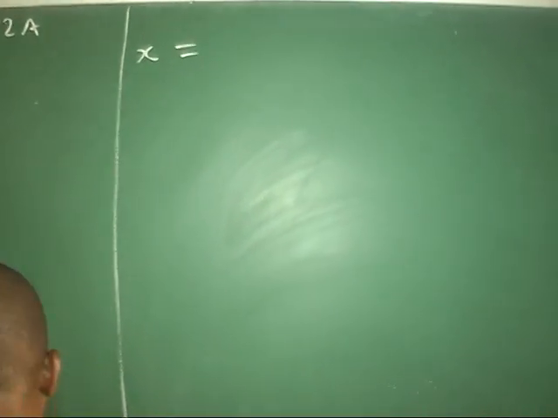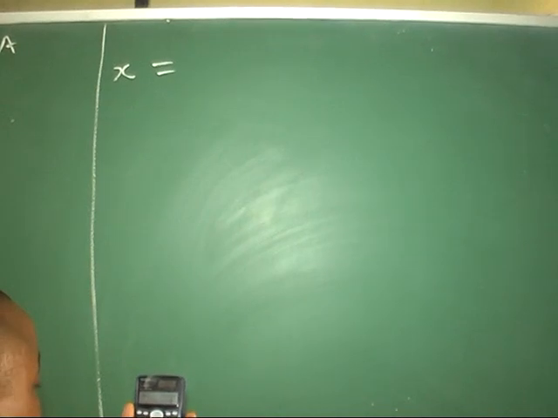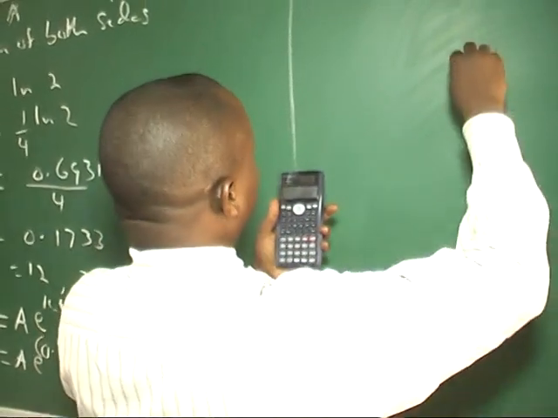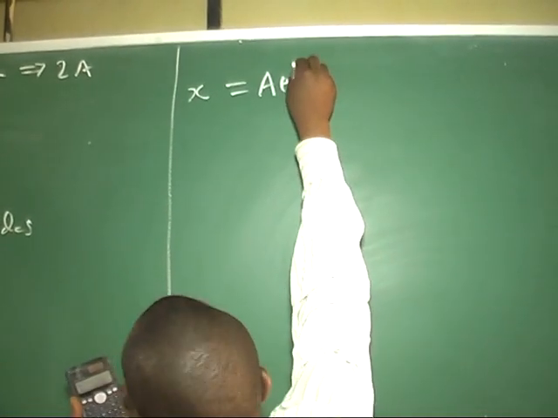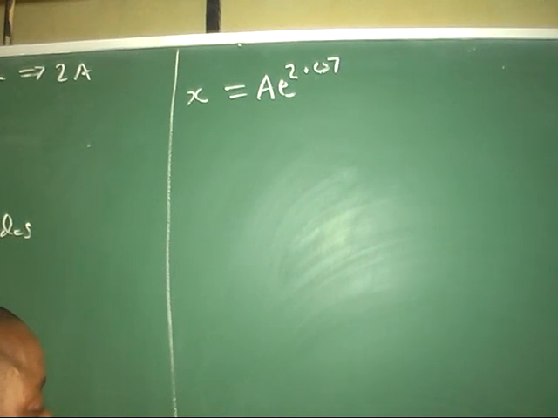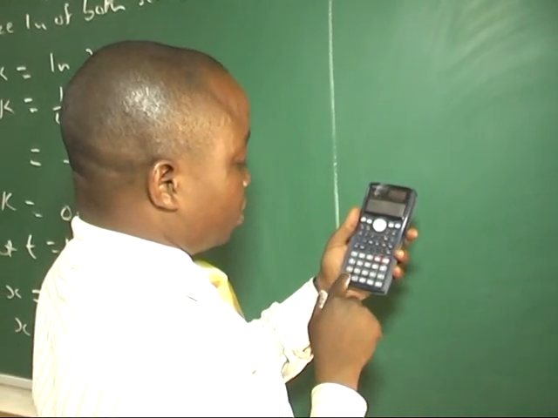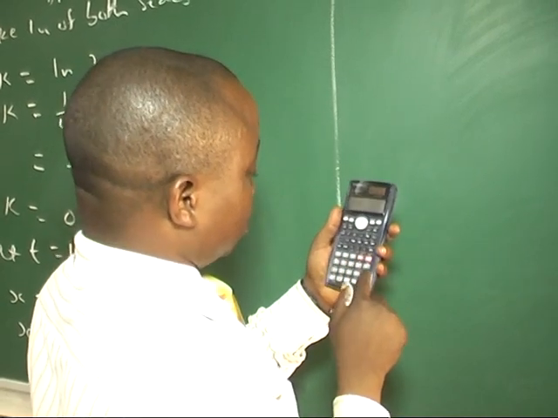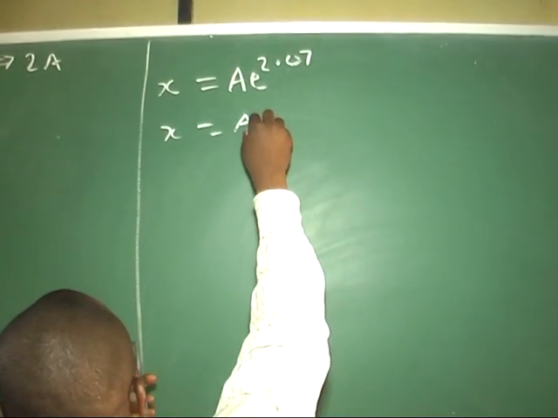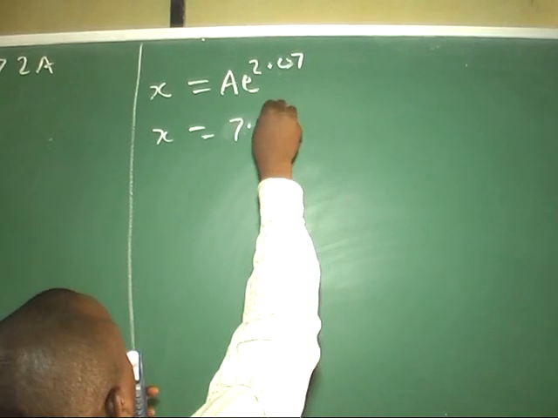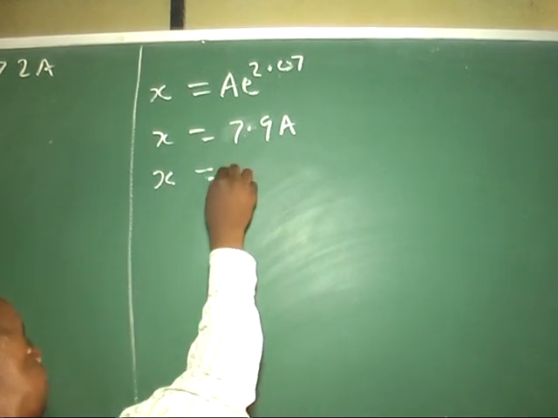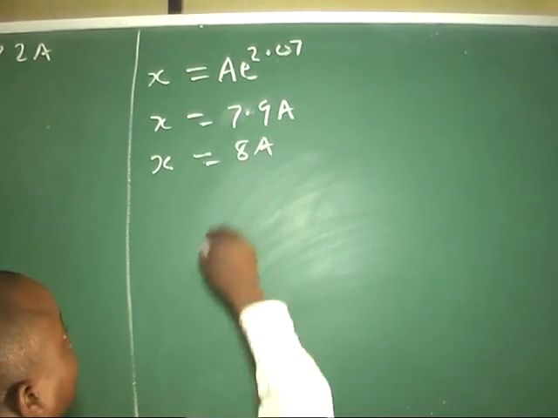That will give us that X is equal to, let's see, we start from 0.1733 times 12. Yeah, it's giving us exponential 2.07, all right, will give us X is equal to 7.9 A, which if you approximate this, we have 8A.